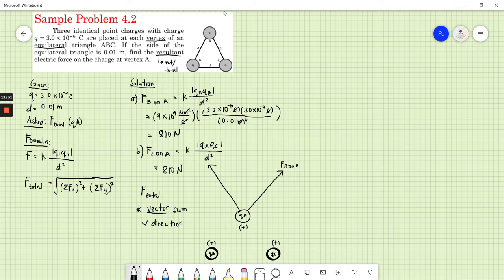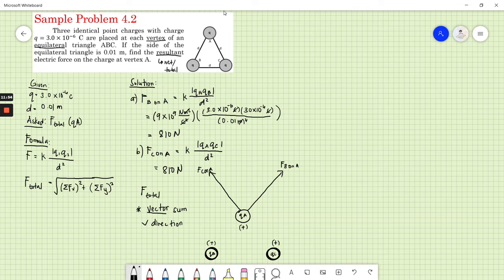So this is our, let me just fix that. There you go. It's a rough drawing, but that's basically how it should look. So this is our FC on A. This is the force that C exerts on QA. It's pushing it away. So this is the direction.